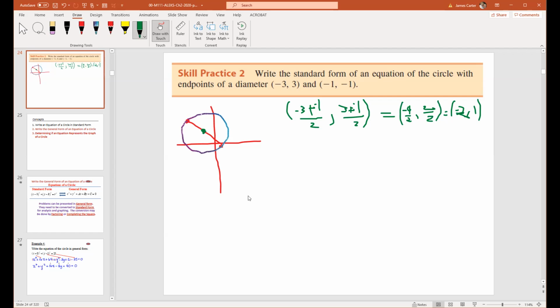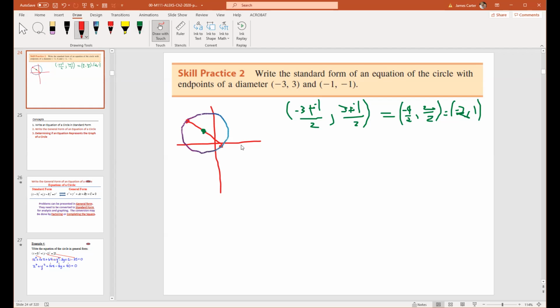Now, the other thing we need to do is find the length of the radius. Well, we could use these two points and divide the distance between them in half, or we can use one of these and the center point, and that'll give us the distance.